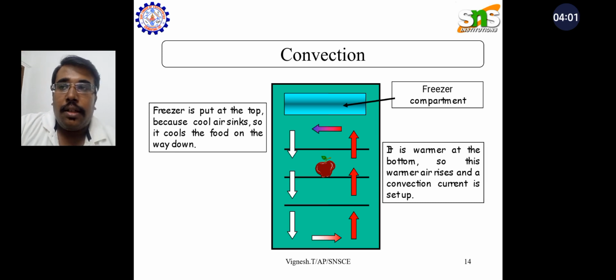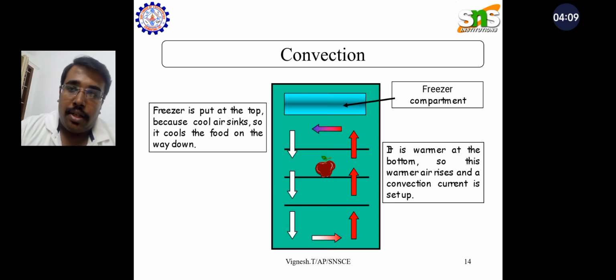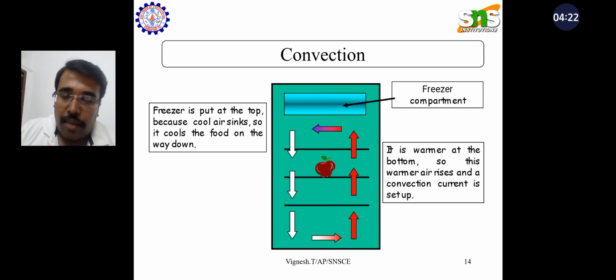Because the freezer produces cold air, and cold air becomes very dense, so the dense cold air generally moves to the bottom, and the hot air moves to the upper side. This is natural convection. The cold air comes down, the hot air goes up. This is why the natural convection cycle happens and the cooling inside a refrigerator gets maintained. That's why the freezer box is put at the top.